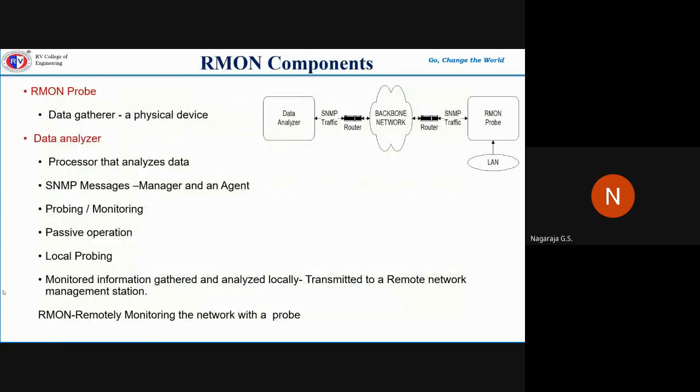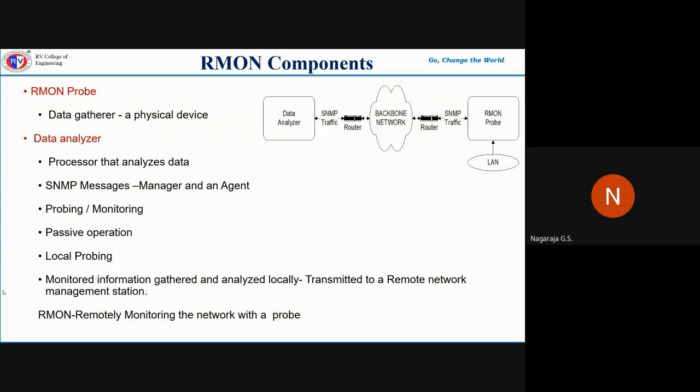Let me move on to the next part. We need to understand the various components we have in RMON. Probably by looking at the diagram, you can easily identify those things I have summarized here on the left hand side. At the extreme right, we have an RMON probe deployed at the LAN.